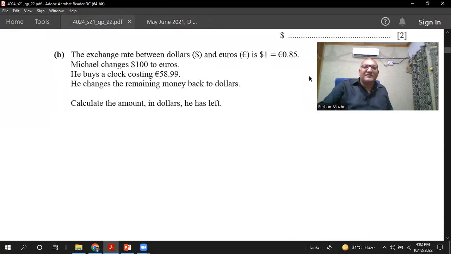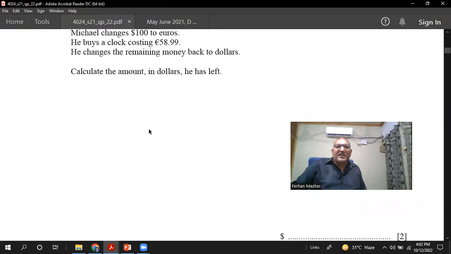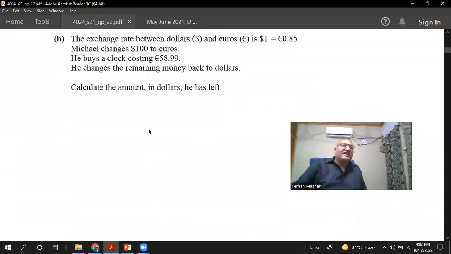The next part is worth 2 marks, and he says the exchange rate between dollars and euros is $1 equals 0.85 euros. Michael exchanged $100 to euros. He buys a clock costing 58.99 euros. He exchanges the remaining money back to dollars. Calculate the amount in dollars he has left.